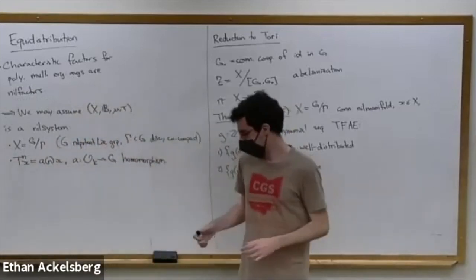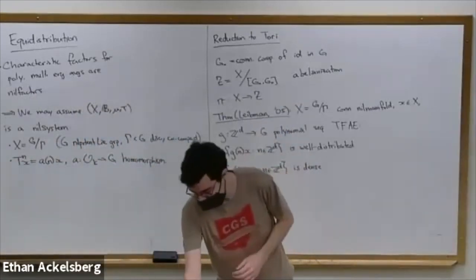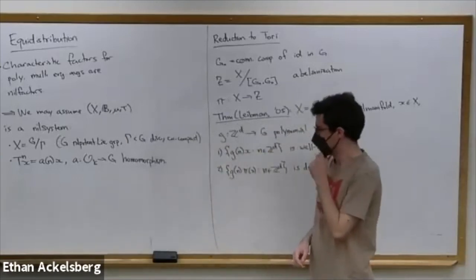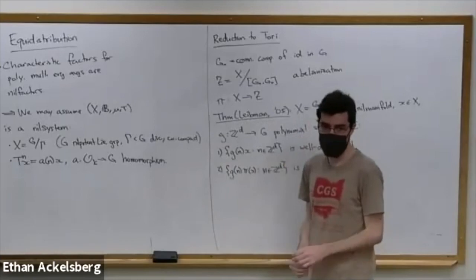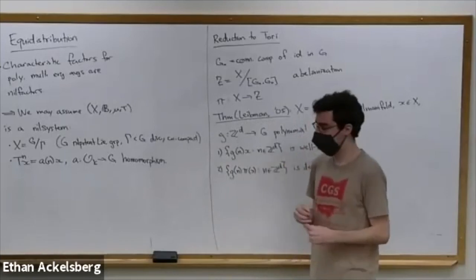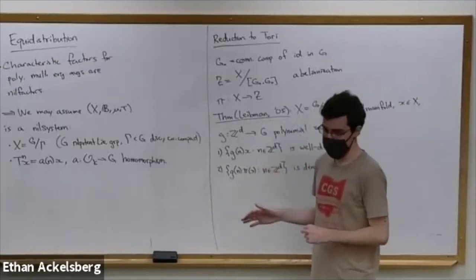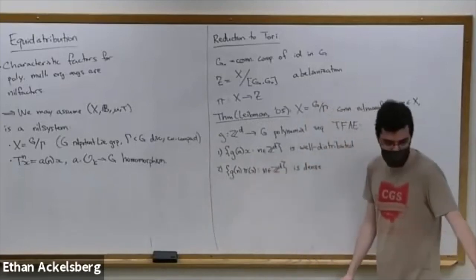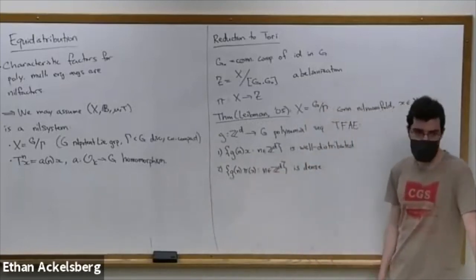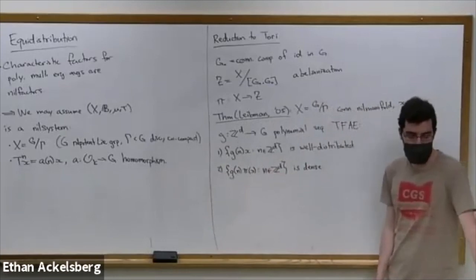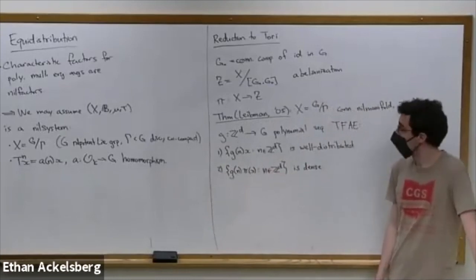So yeah, I'll end here for today, and then next time we'll pick up and prove some equidistribution theorems for systems related to tori, and if there's time, maybe I can make some additional comments.